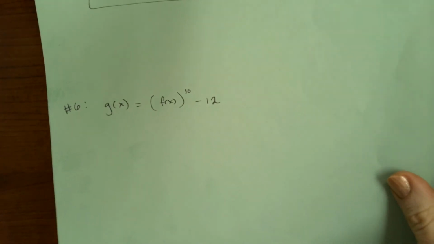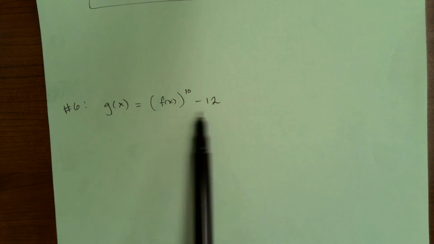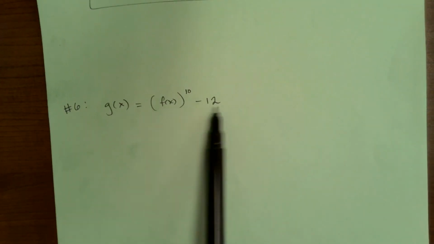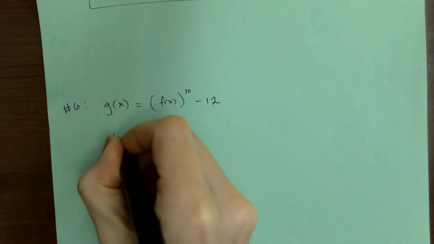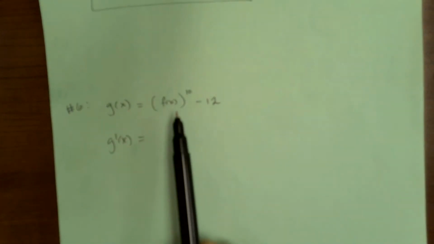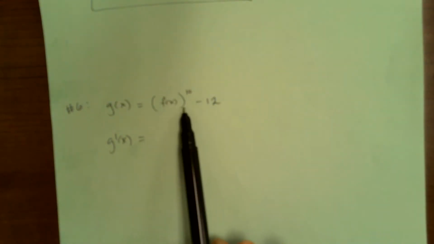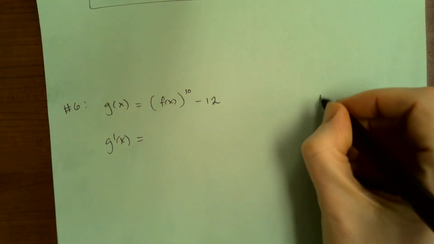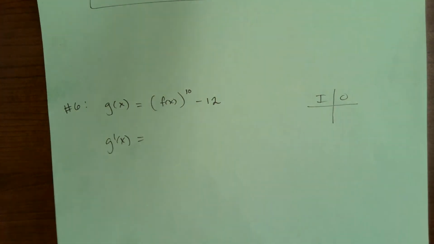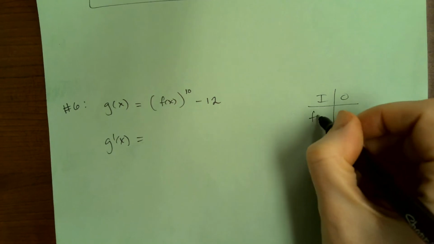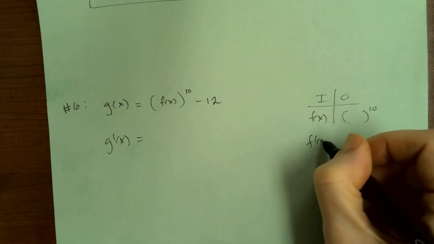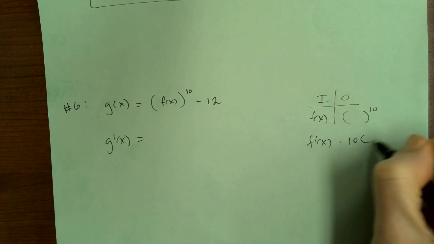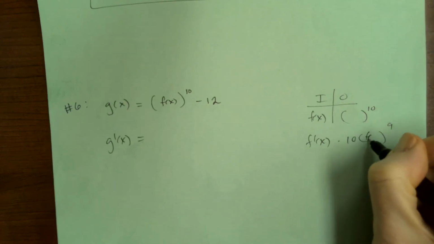Now I'm going to do number 6. All right, so g of x is this. So here I've got 2 terms that I need to take the derivative of. So g prime of x equals. For the derivative of this term, I'm going to need chain rule, because there's an inside function and an outside function. So inside, outside. 10 blank to the 9th.